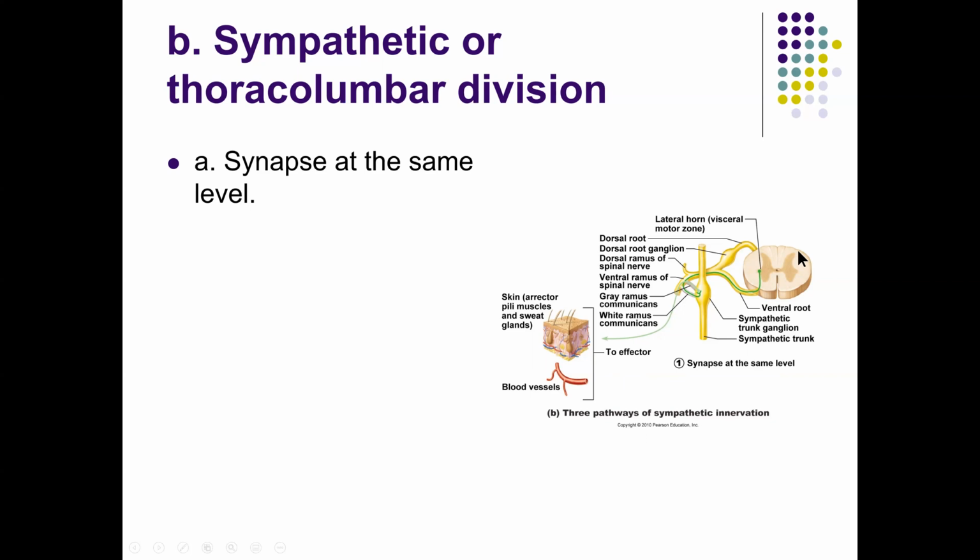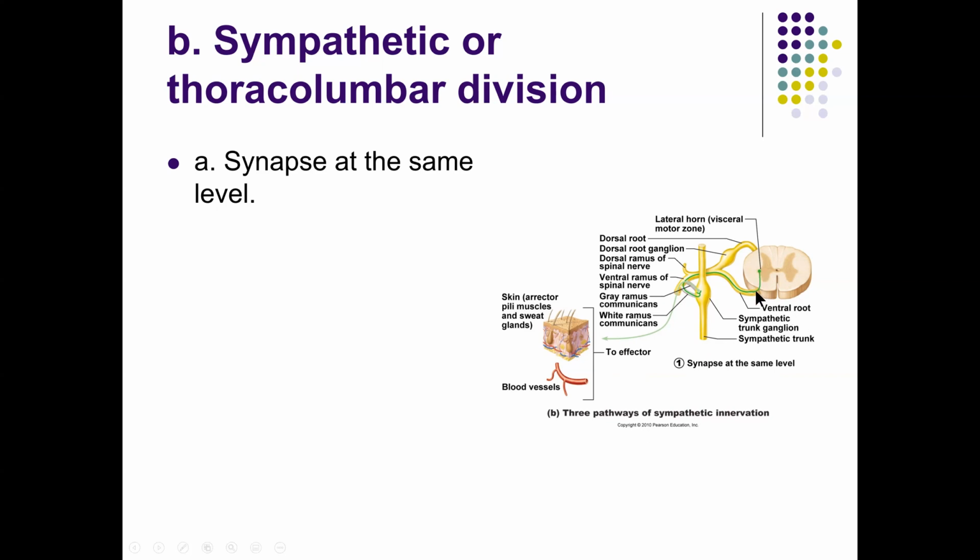The sympathetic comes out of the lateral horn, which is one of the reasons that we primarily have the lateral horns only in the thoracolumbar area, where the sympathetic autonomic nervous system is present. So you can synapse at the same level. You would come out here.